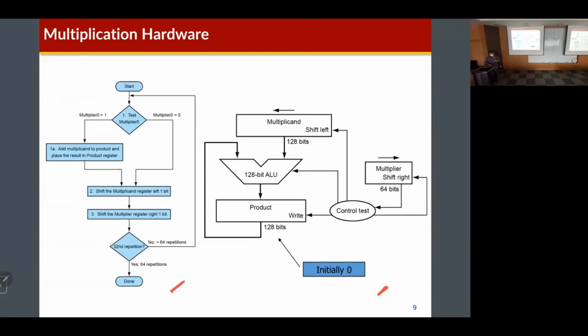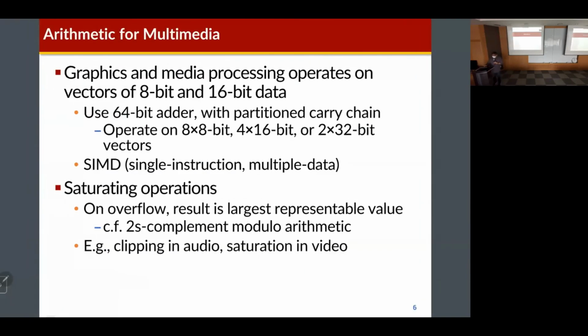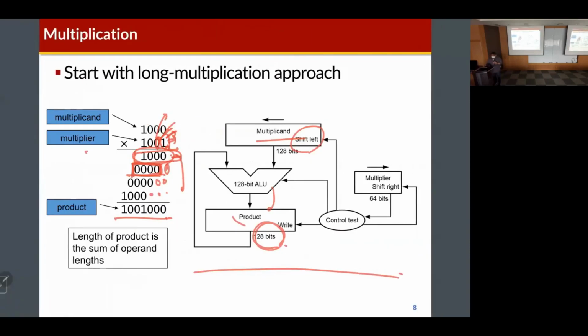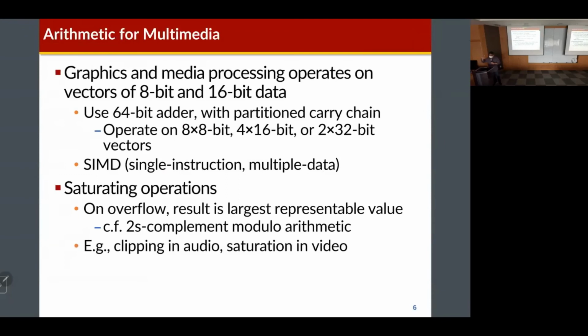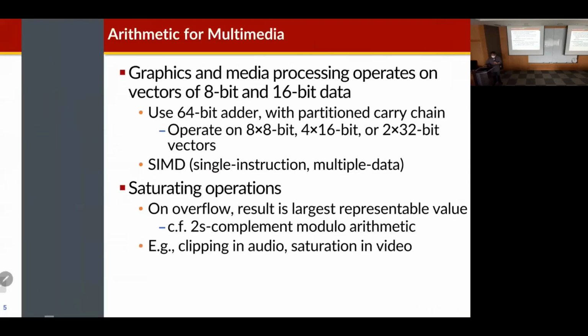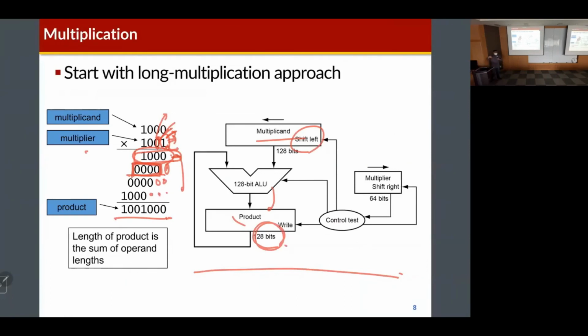But what's the disadvantage of this multiplier? What is the disadvantage? Actually the adder is very simple, so we can say that the adder can complete its operation within 1 clock.